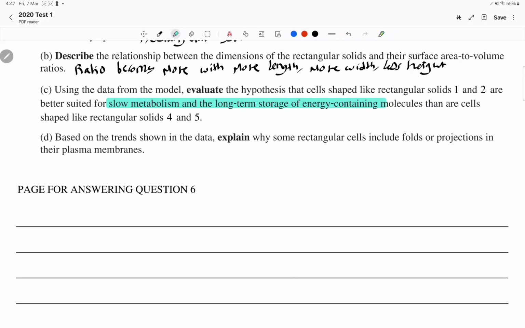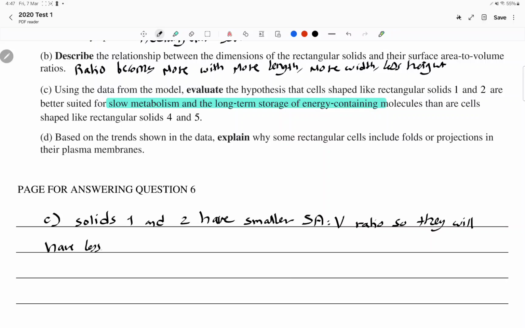So we're going to say that for C, solids 1 and 2 have a smaller surface area to volume ratio, so they will have less efficient metabolism compared to solids 4 and 5.